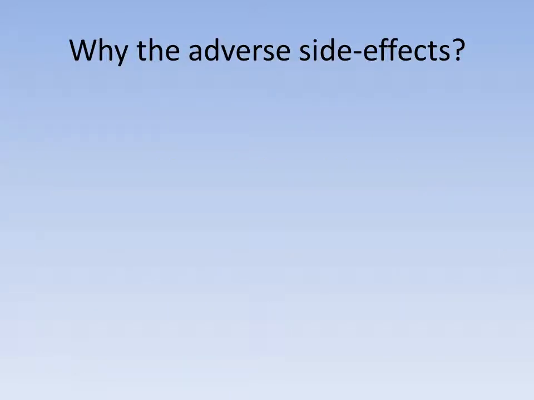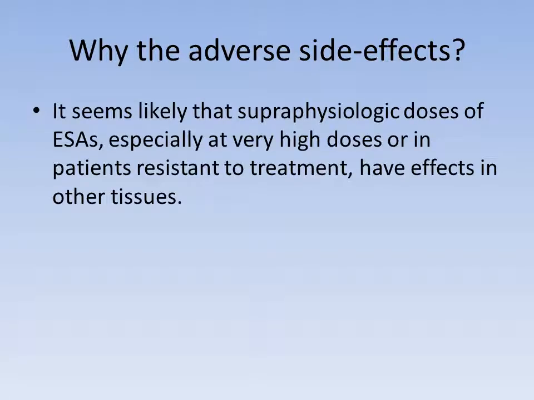Okay, so why are there adverse side effects? It's likely that supraphysiologic doses of erythropoiesis-stimulating agents, especially in very high doses or in patients resistant to treatment, have effects on other tissues.